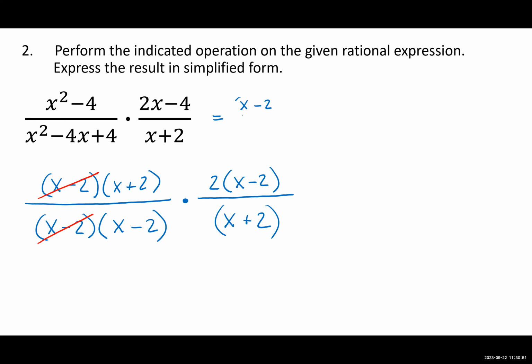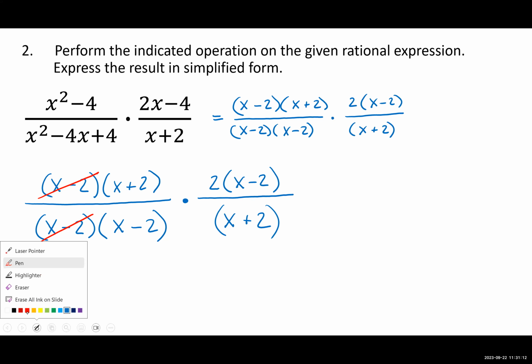So x minus 2, x plus 2, x minus 2, second fraction, 2 times x minus 2, and then on the bottom, an x plus 2. So now we can start canceling things off.